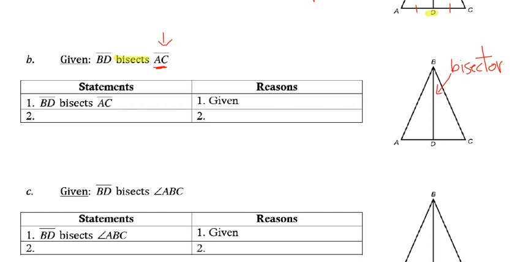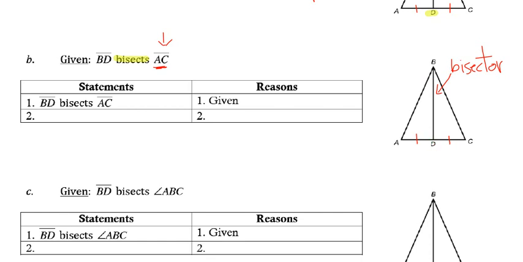So very similar to number 1 or the first one on the top. AC is divided into two equal parts because BD is the bisector, and so D would be one more time the midpoint because a bisector passes through the midpoint.